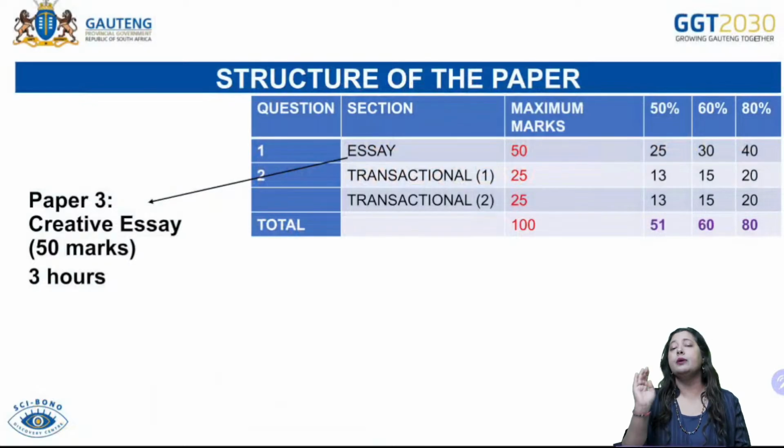Okay, 13 to 15 maximum there would give us that 60% range. And then if you're that candidate who wants to ensure that you get that good springboard of 80% and above, then you would target 40 marks for your essay and 20 each for the transactional marks. Okay, so that would then give you a good footing for the entire exam session.